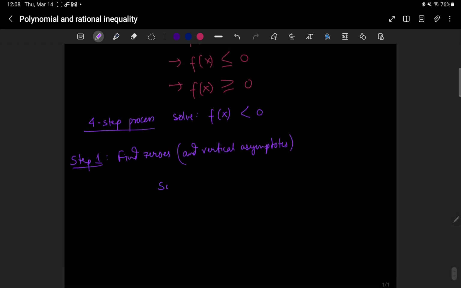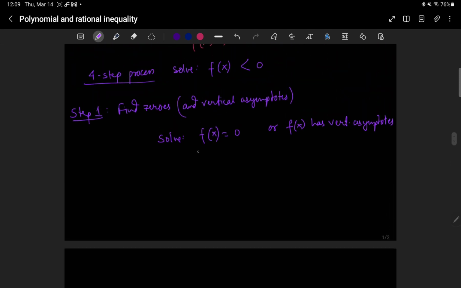So, which means we will be solving the equation for f of x equals 0 or where f of x has vertical asymptotes. The second part is not going to come into play for polynomial functions because they don't have those, but the first one will come into play. So we'll go through this process, and we will end up with some values for x.